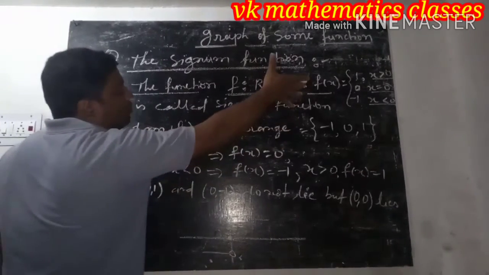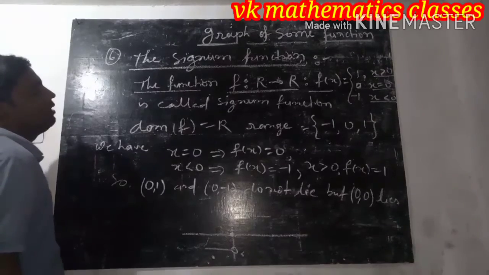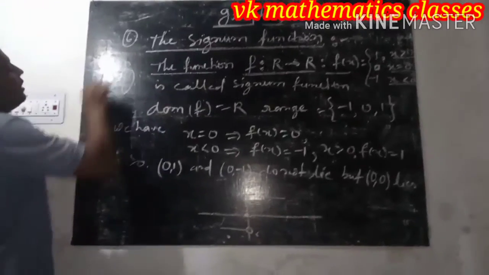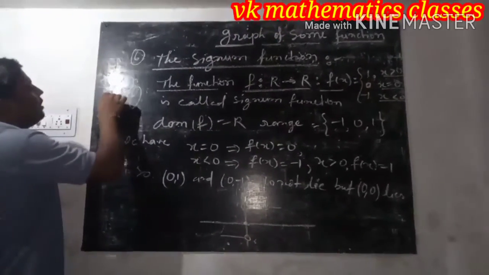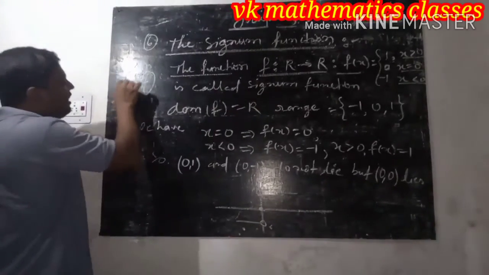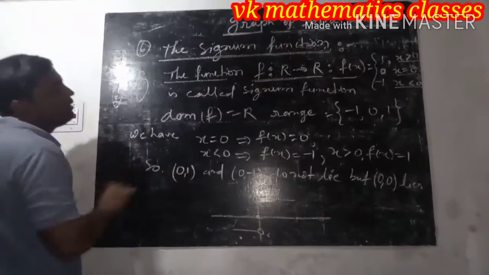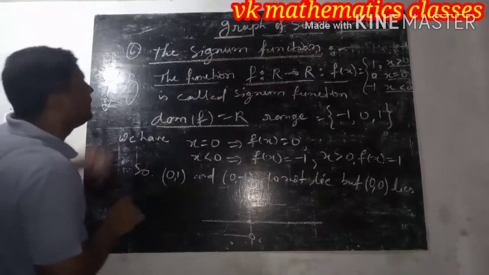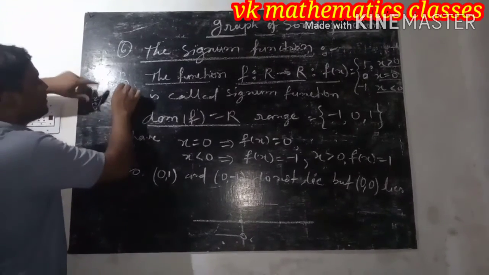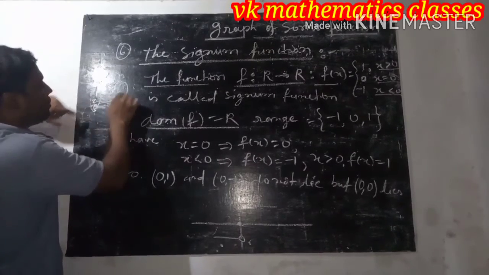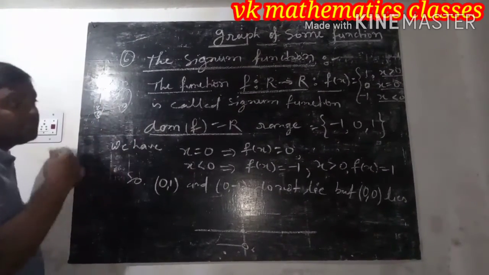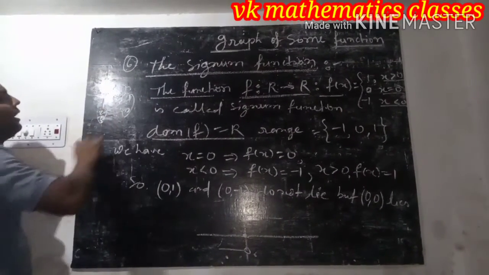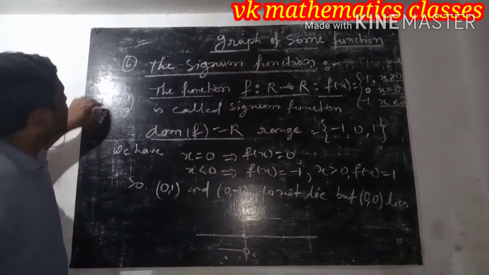Now we discuss the domain and range of this function. Here 1, 2, -1, -2, any numbers, so the domain of f is R. If the value of x is equal to 0, then 0 is mapped to 0. If x is greater than 0, 1 maps to 1, 2 also maps to 1, and all numbers greater than 1 map to 1.